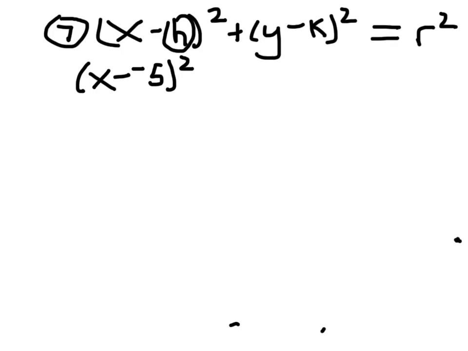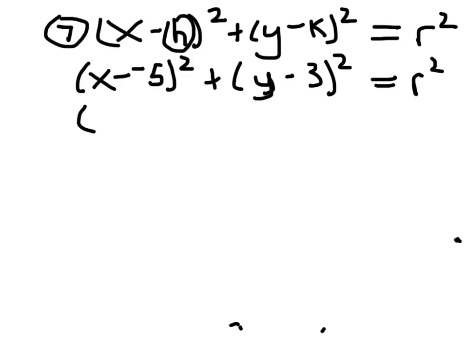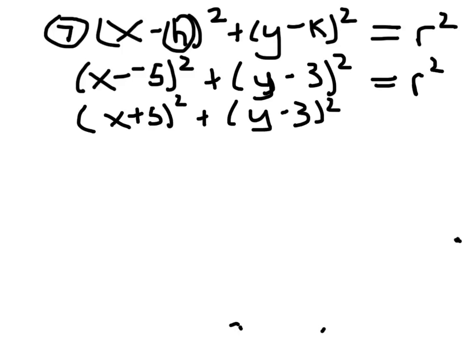This minus comes from the formula, and this minus comes from the fact that the x coordinate of the center is -5. I'll also have y minus 3 squared because the k value is 3, and this is equal to the radius squared.